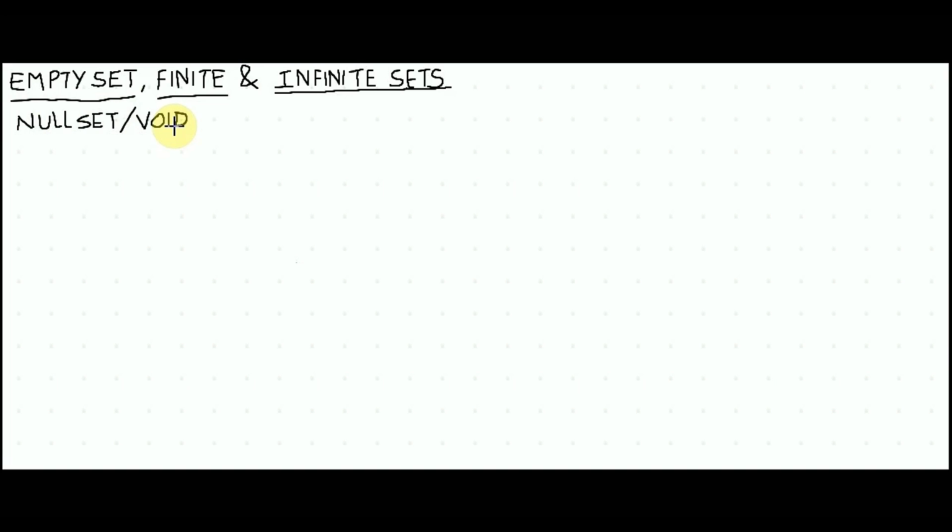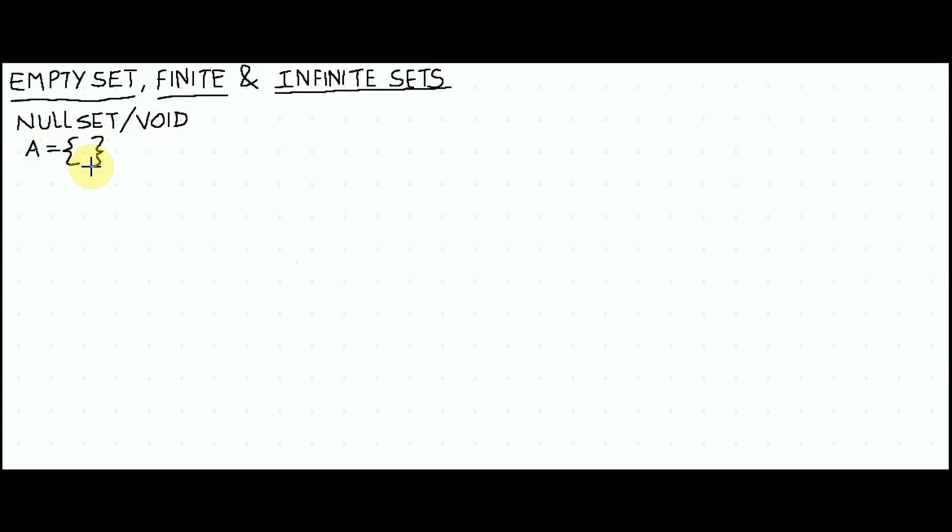An empty set, as the name says, is a set which does not contain any element. If it does not have any element, then we can say that it is an empty set. For example, we have a set represented by A and it does not have any element. I'm representing it in the roster form.